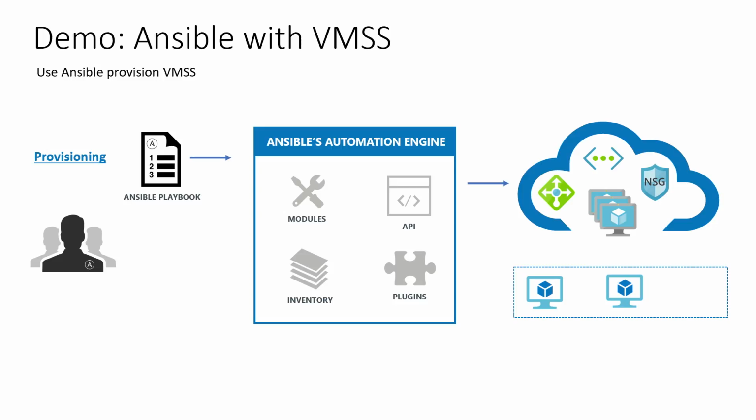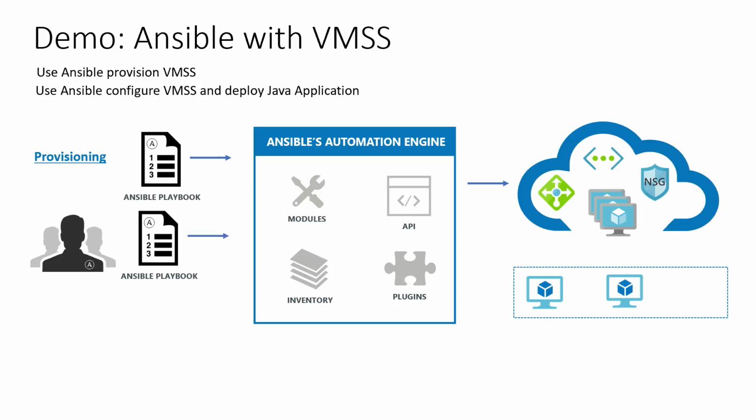After that, I will demonstrate, okay, I already have the VM scale set. Then I run another playbook to identify resources and to configure the environment for a Java application. I install Tomcat on that, and I install the Java application.